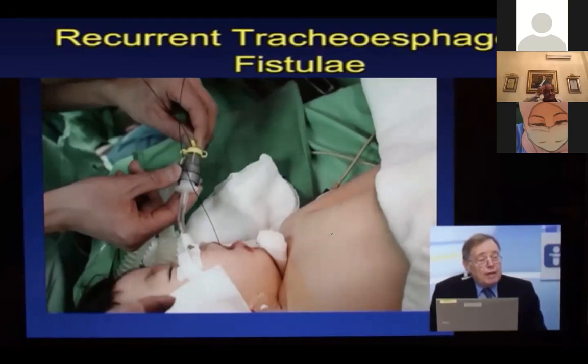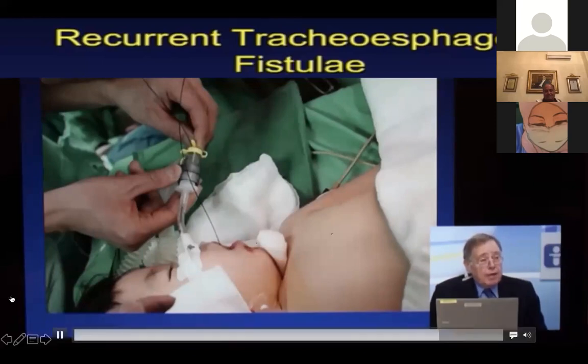So what I've done in the last several years is put a glide wire through a bronchoscope into the fistula and into the esophagus, and then put a gastroscope in before we start the case, and grab that glide wire, bring that out of the mouth along with the other end, put a hemostat on it, and have the anesthesiologist hold that.